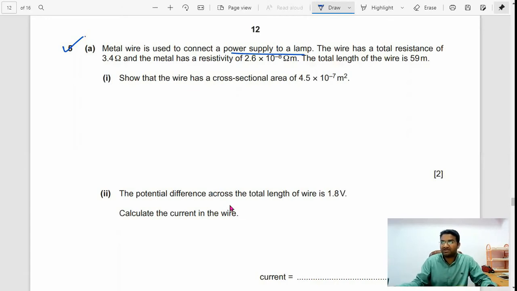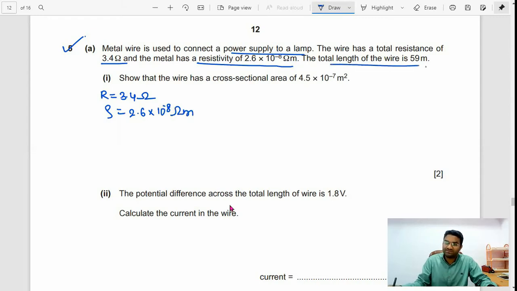Look at this one. A metal wire is used to connect the power supply to a lamp. The wire has a total resistance of 3.4 ohm, and the metal has a resistivity rho equal to 2.6 times 10 raised to negative 8 ohm meter, and the total length of the wire is L equal to 59 meter.